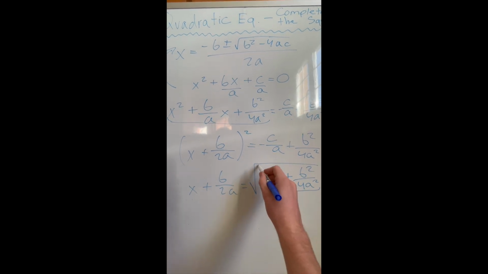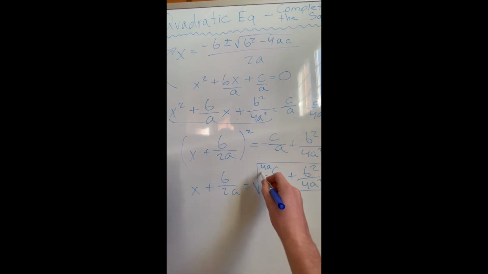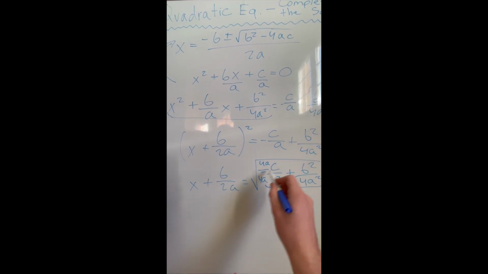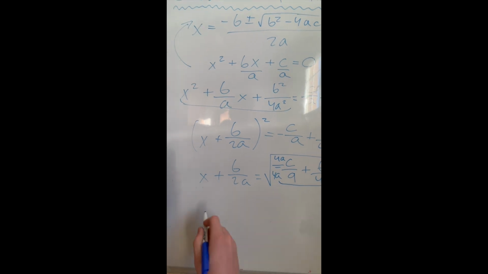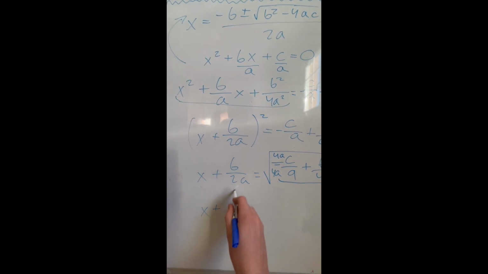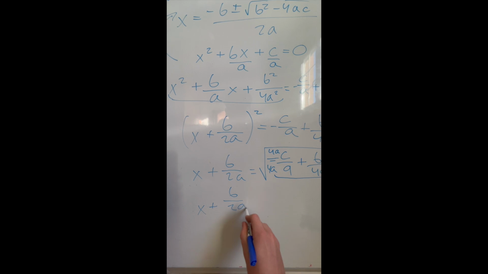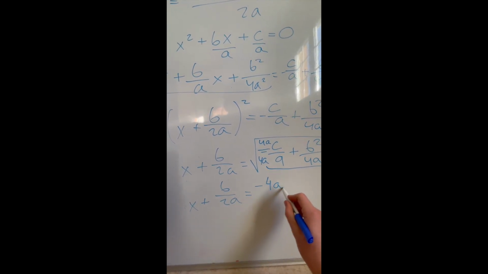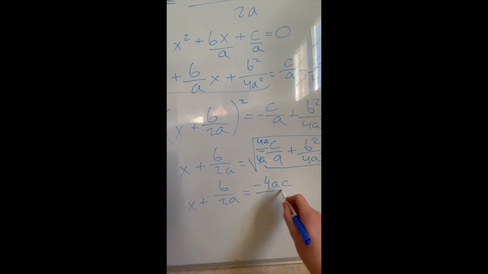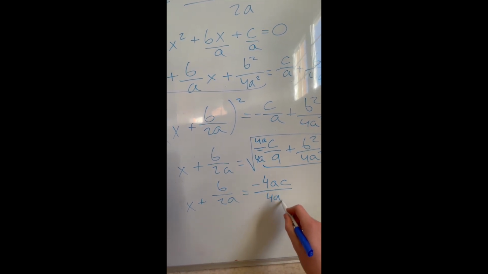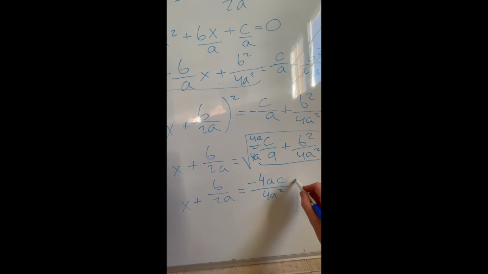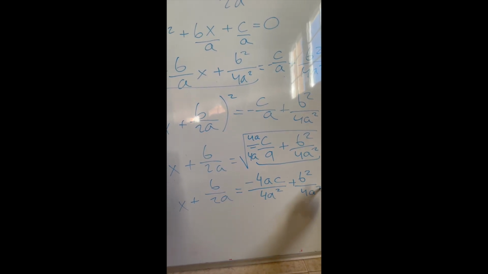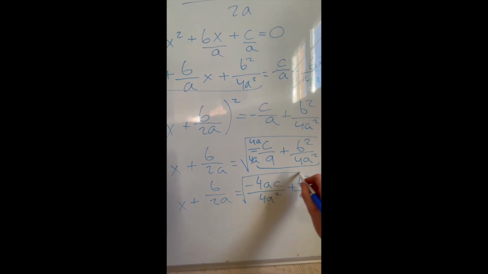And we do this by multiplying both the denominator and the numerator, as we know that we can do, by 4a. We multiplied this by 4a, and we multiplied that by 4a. And we obtain x plus b over 2a is equal to minus 4ac divided by 4a squared plus b squared divided by 4a squared. All this inside of a square root.